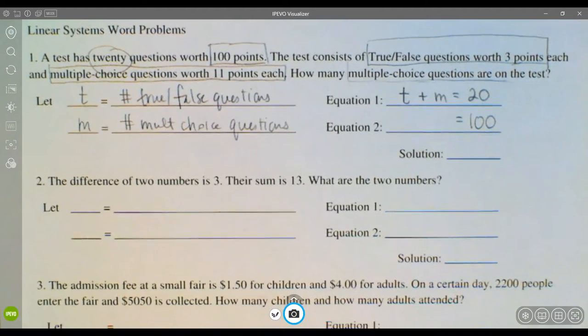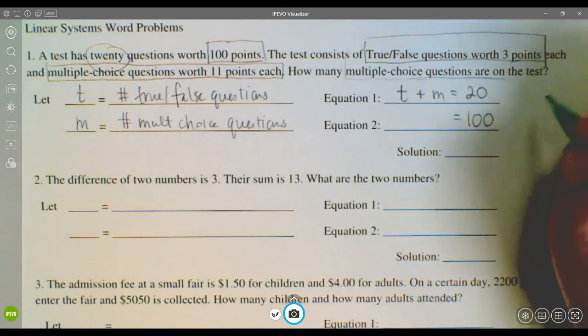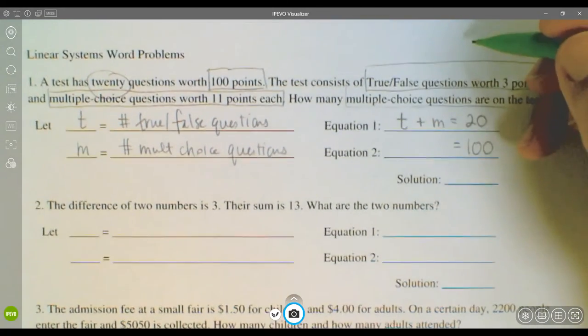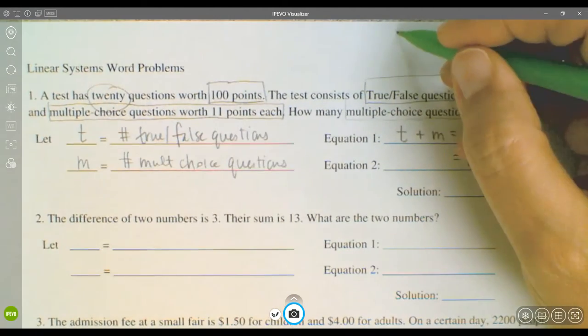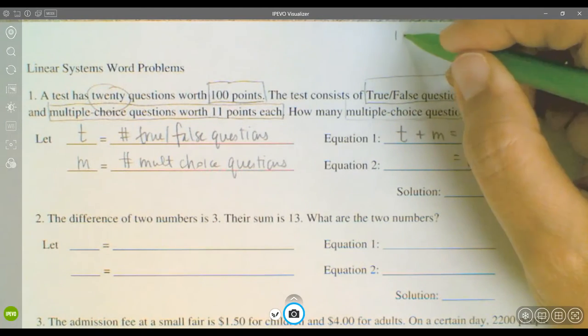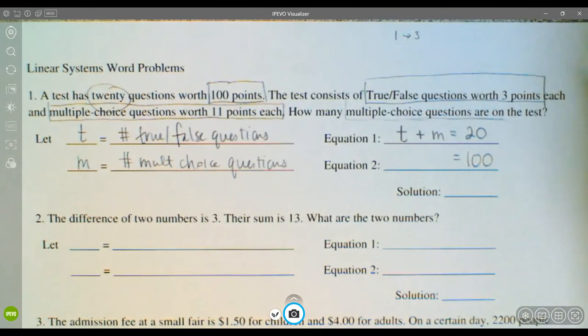So here's the question. Let's look at the number of true false. Let's say I have one true false question and I get it right. How many points will I get? I'll get 3 points.